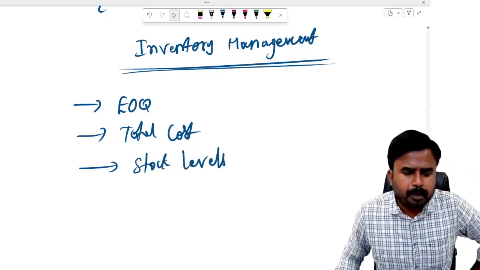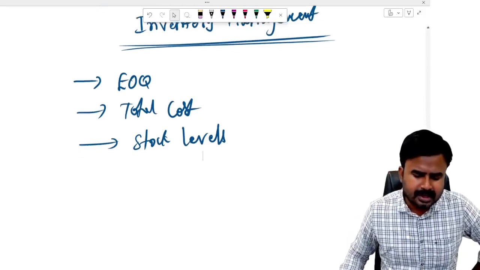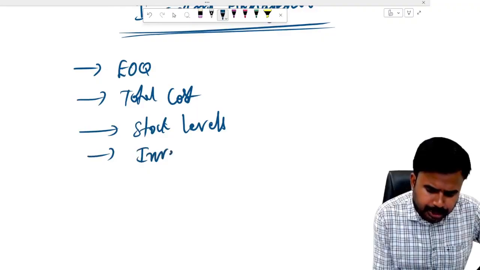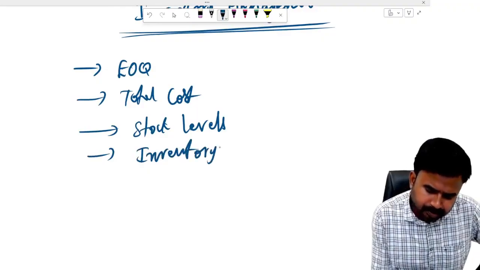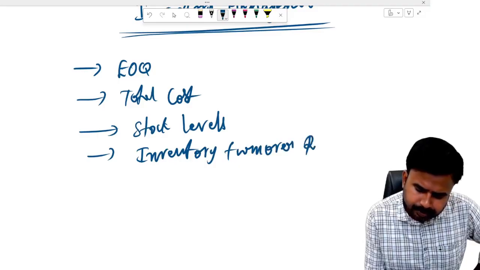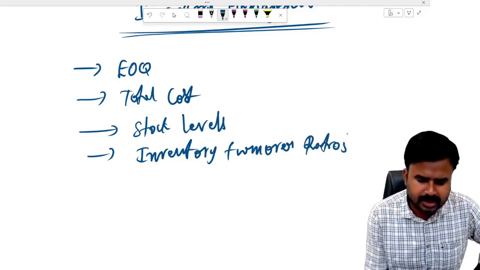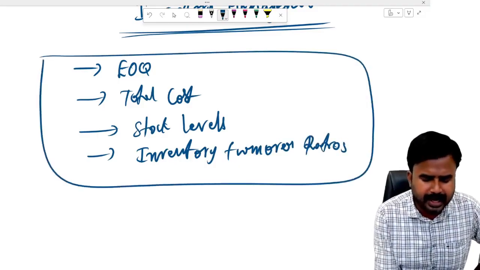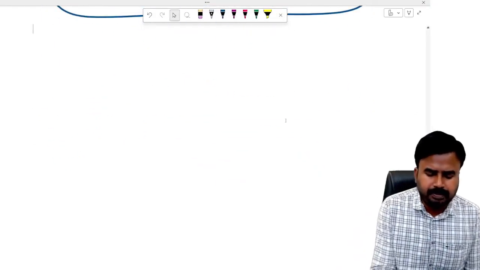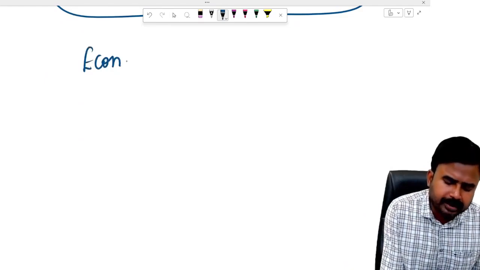These are the three important areas I'm going to discuss. Along with that, we need to discuss inventory turnover ratios. Yes, these areas we need to handle. Let me start with the first area called EOQ, economic order quantity.